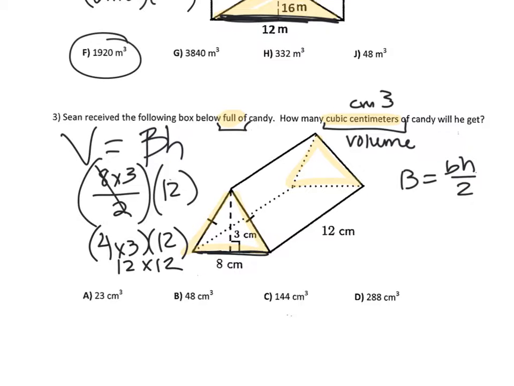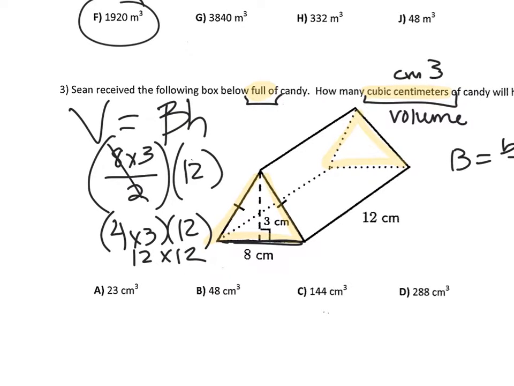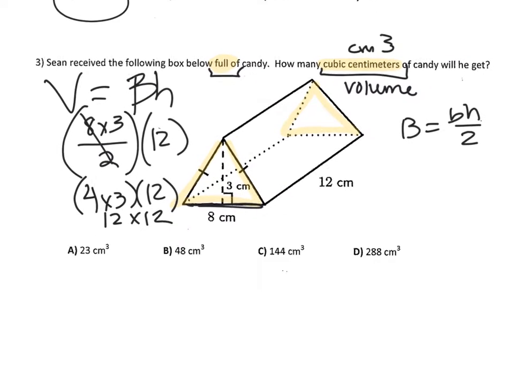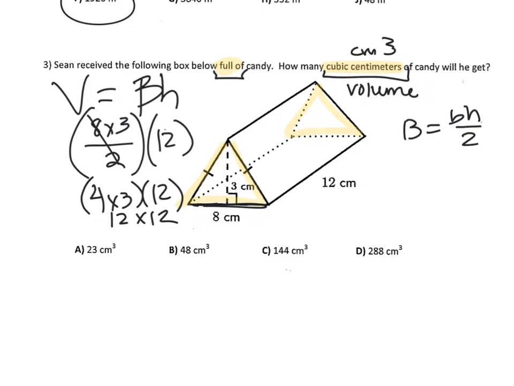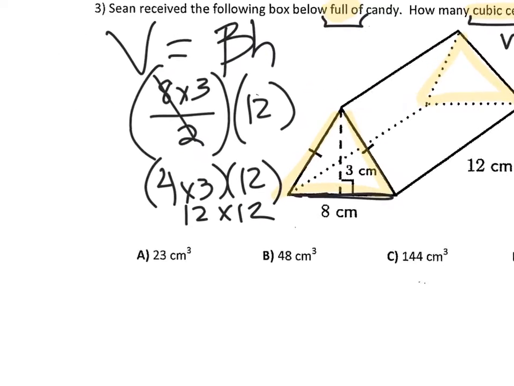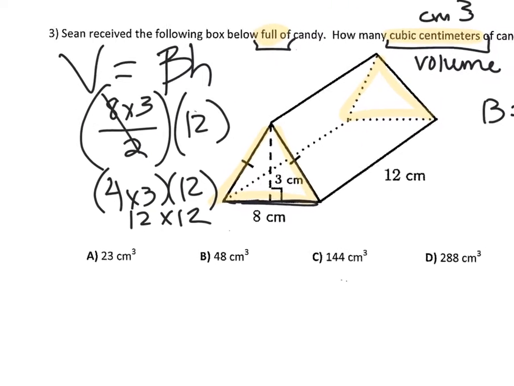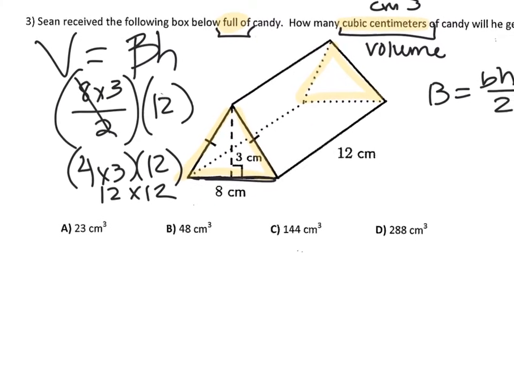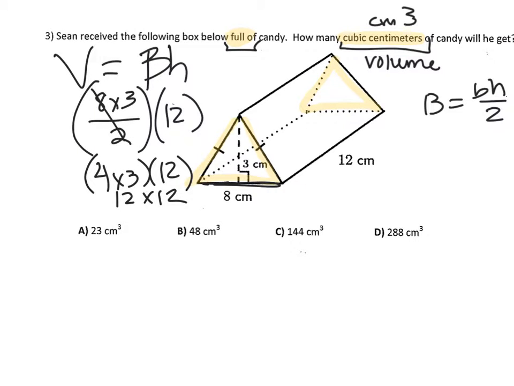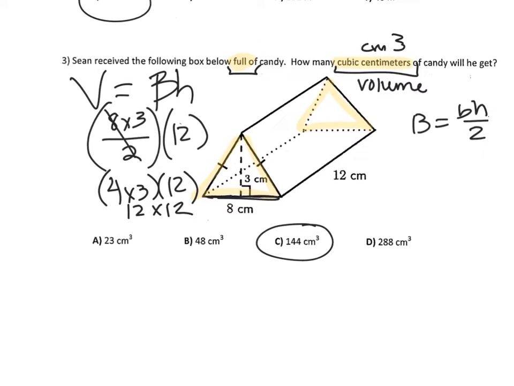I got C, because you have to divide by 2. Good. To find your area, you had to divide by 2, 8 times 3 divided by 2. I took a shortcut and divided a step ahead. But however you did it, you should have ended up with 144, because 12 times 12 would be 144.